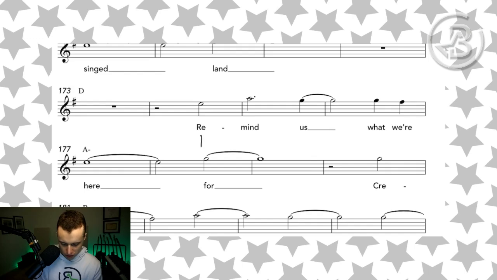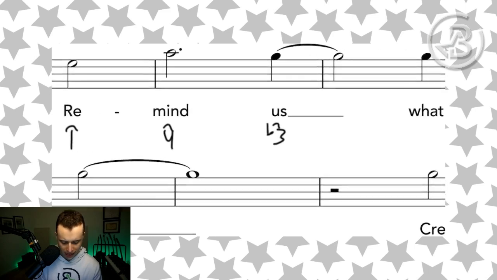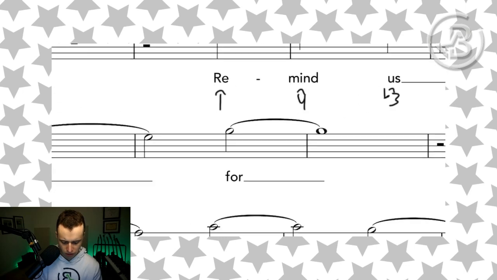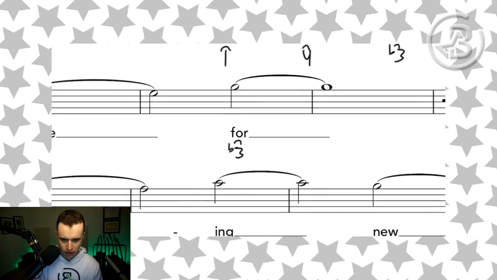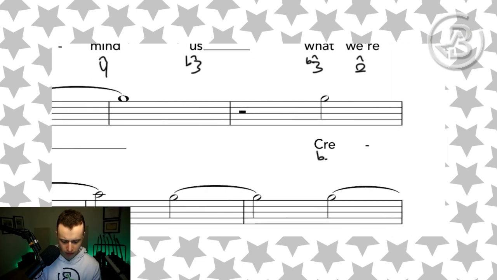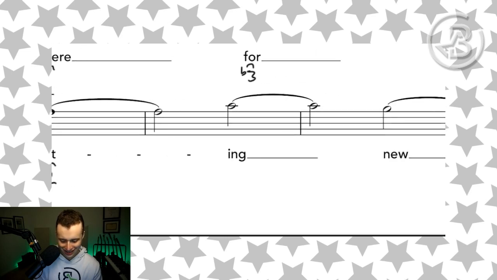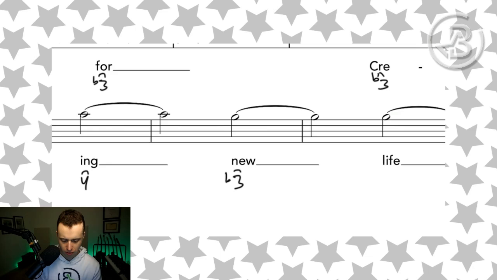So, new notes here. That's a scale degree 1. 1, 4, flat 3, flat 3, 2, 1, flat 3, flat 3, "create a ting new life."